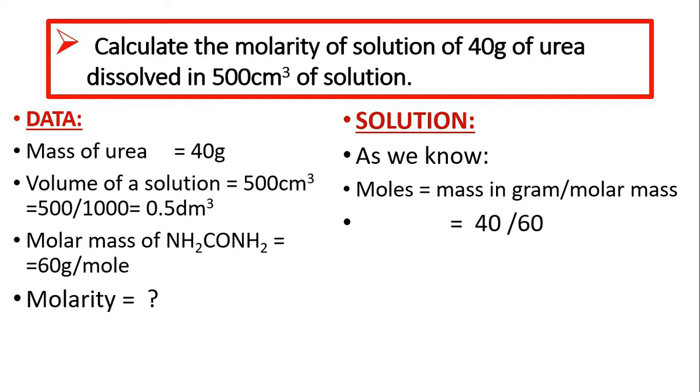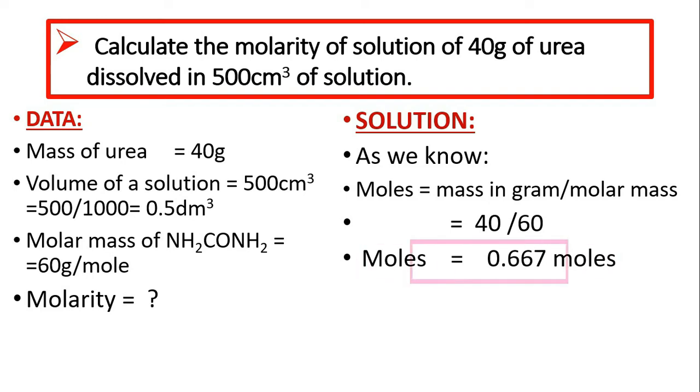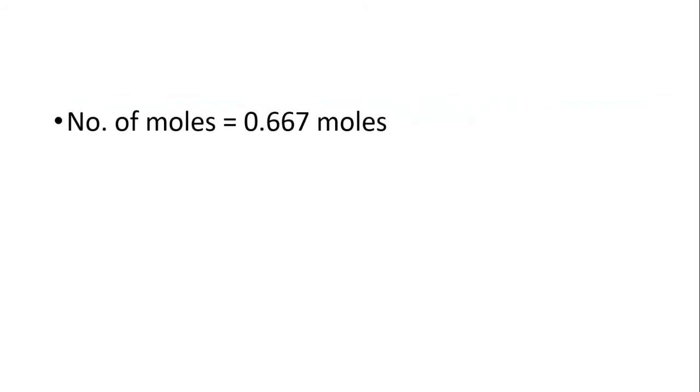Mass of urea is 40 and the molar mass of urea is 60. So in this way we get the number of moles of urea equal to 0.667 moles.